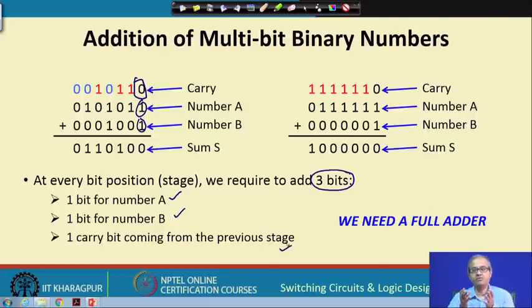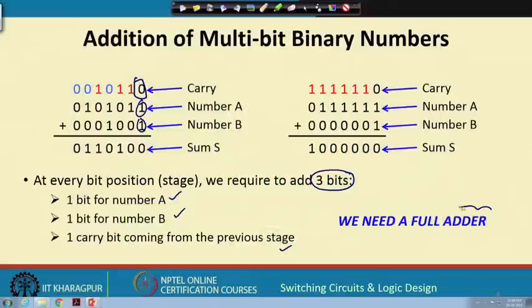Earlier we talked about a half adder which can add only 2 bits, right. Inputs were A and B, outputs were sum and carry. But here we need another kind of adder which can add 3 bits, not only A, B, but also a carry input, 3 inputs. Okay. So, we need another kind of adding block which is called a full adder.